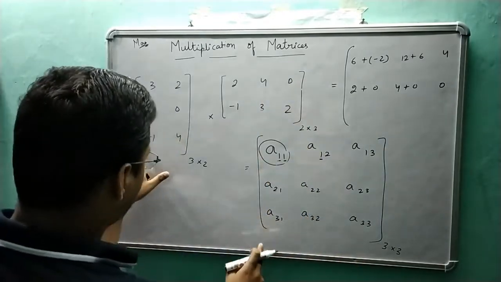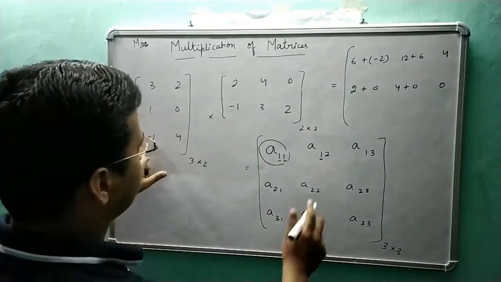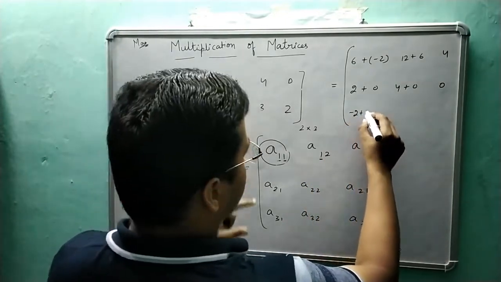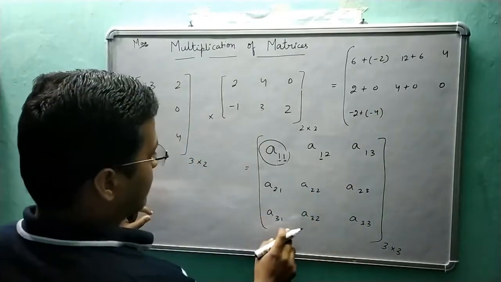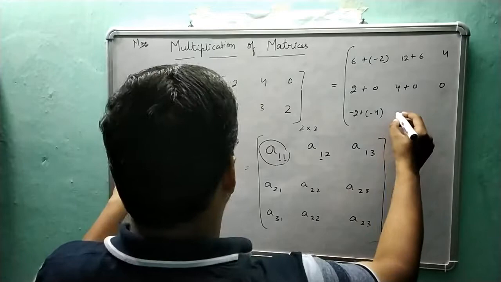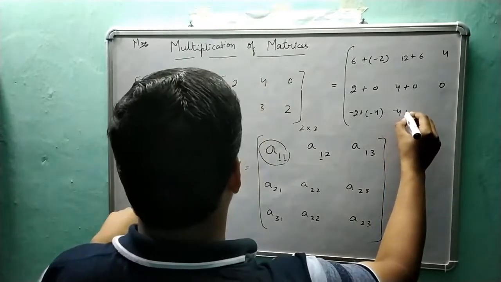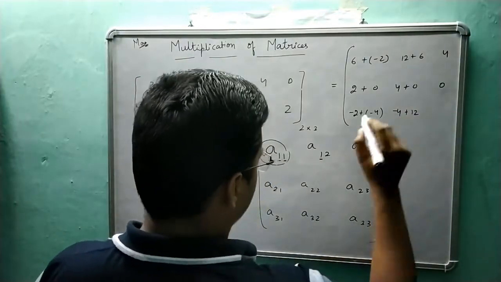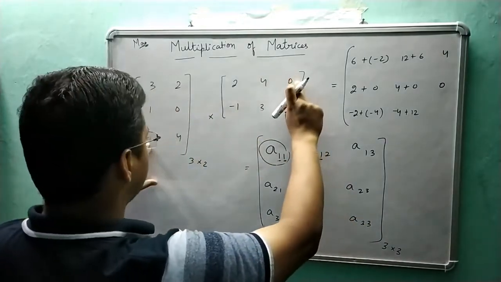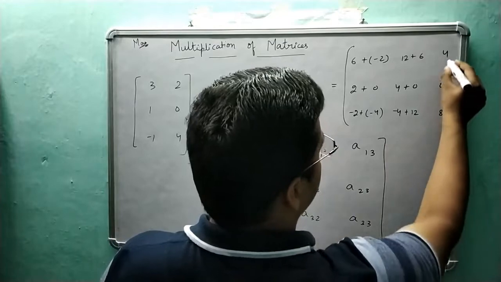Here similarly, third row, first column. So minus 1 into 2 is minus 2. 4 into minus 1 is minus 4. Third row, second column. So minus 1 into 4 is minus 4 plus 4 into 3 is 12. Third row, third column. Minus 1 into 0 is 0. 4 into 2 is 8.